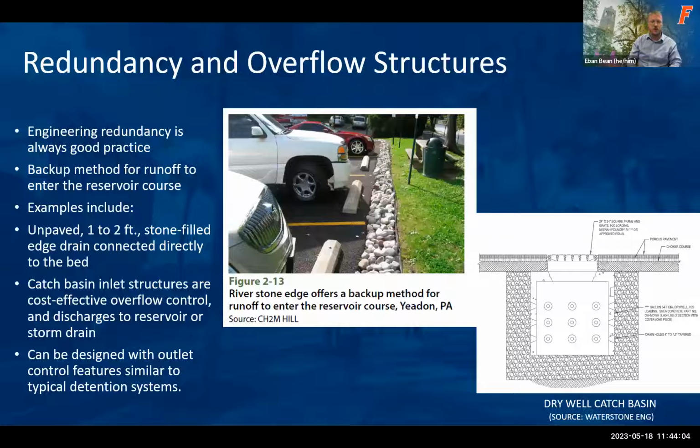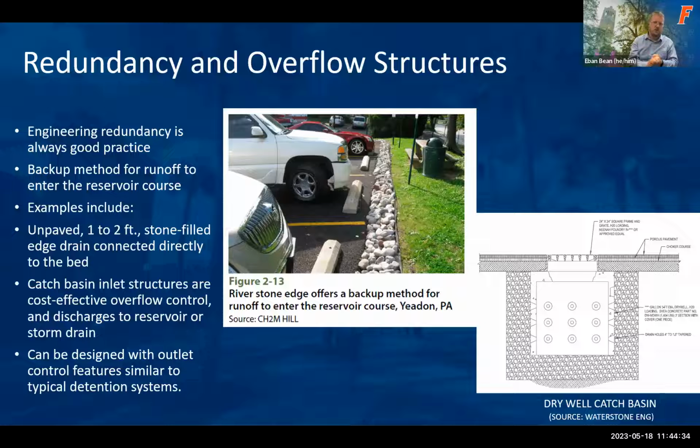One way to create some resilience with your design is to have redundancy and overflow structures. In this case, we see here in the middle, this is a porous asphalt installation, and they have a reservoir. Their reservoir course comes out beyond the pavement and is open above it to where any excess water can then overflow and fill into the reservoir course below.